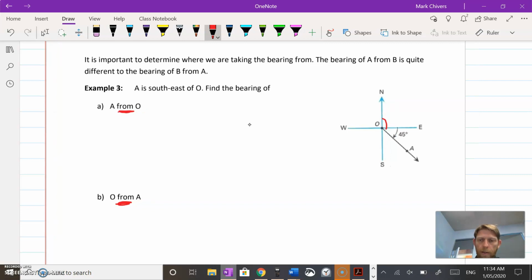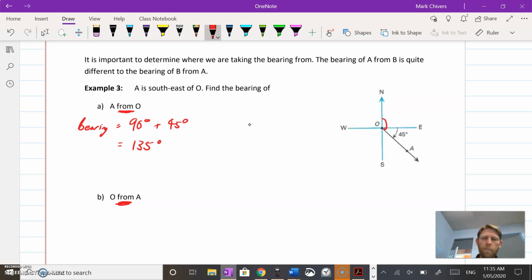So we're looking at this angle in here, all the way around to that line. If that little angle there is 45 degrees, that's going to be 90 degrees plus 45 degrees, which is going to be 135 degrees.